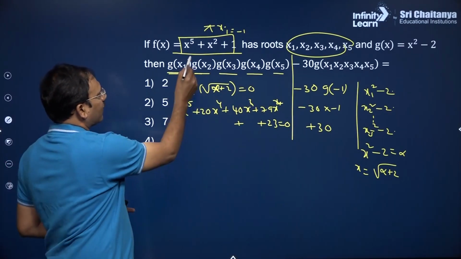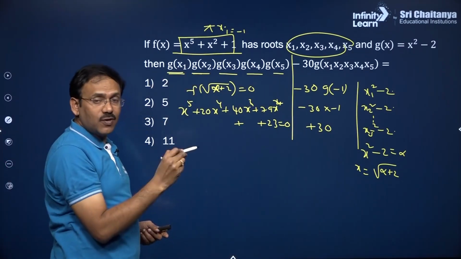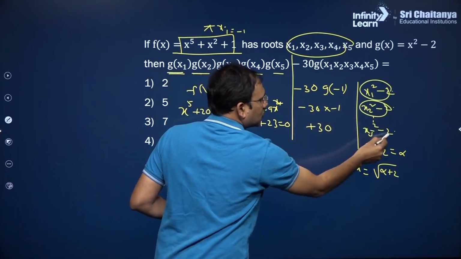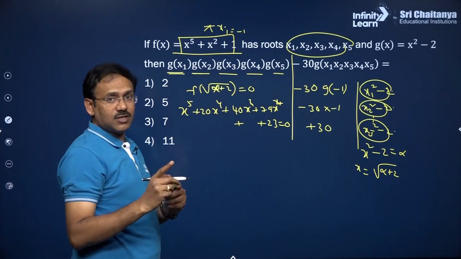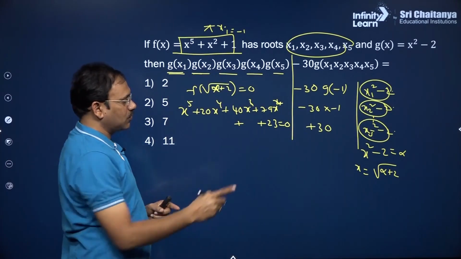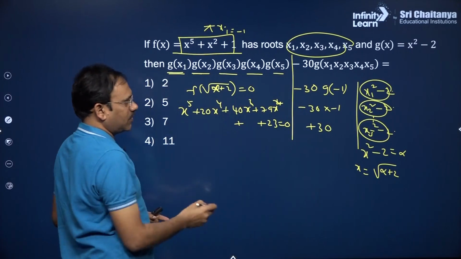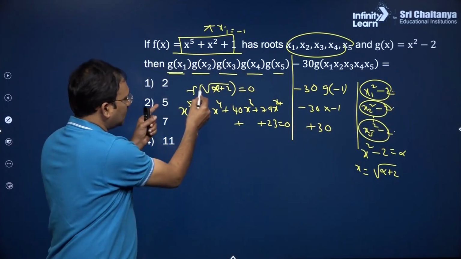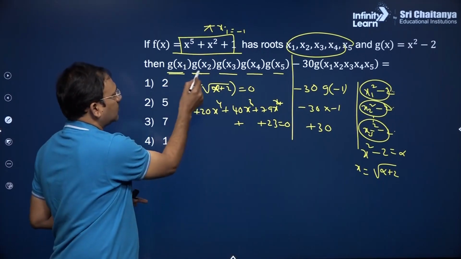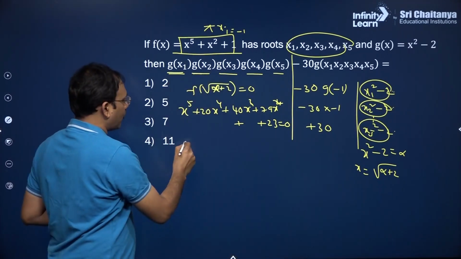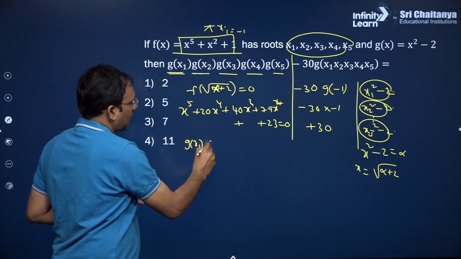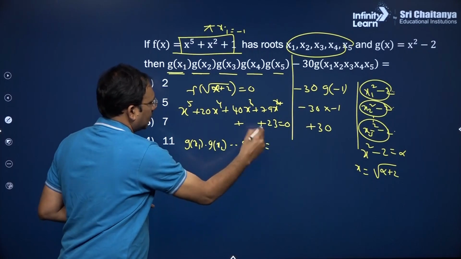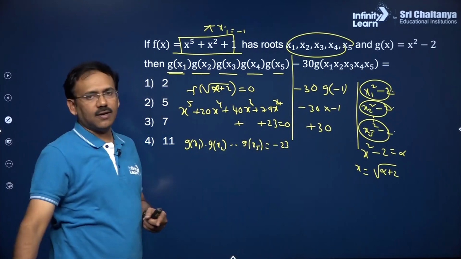You see f of x is this, I want an equation with roots x1 square minus 2, and so on. In theory of equations we do transformations of roots, you just find f of root x plus 2. This is nothing but g of x1, g of x2, g of x5. Consider the product of the roots, my dear friends: g of x1 into g of x2 into and so on, g of x5 is equal to minus 23.